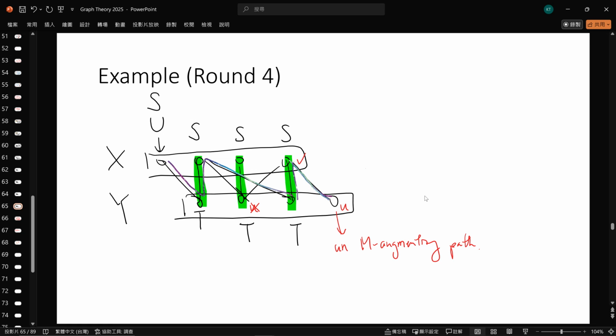Eventually, either the algorithm finds a vertex that is not saturated, like this one, in which case we have an augmenting path. Or after you check all the vertices in S, you may find out that there is no augmenting path. This means that all the vertices in T are saturated, and there are no unsaturated vertices in Y. So in this case, the algorithm just outputs no, there's no augmenting path.